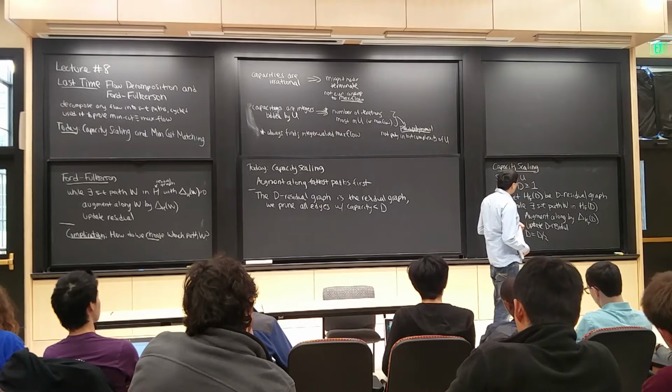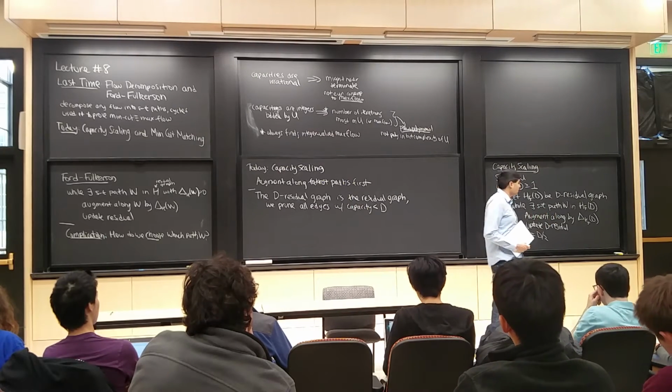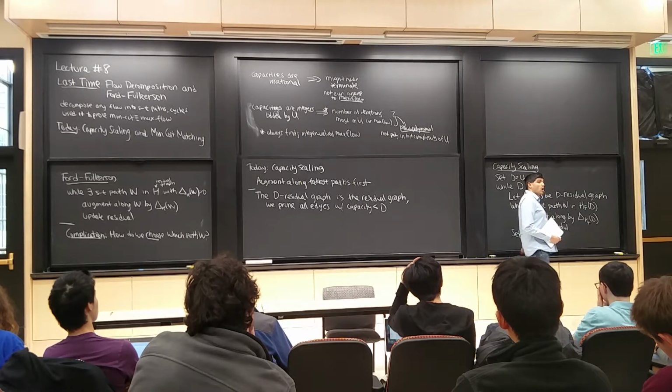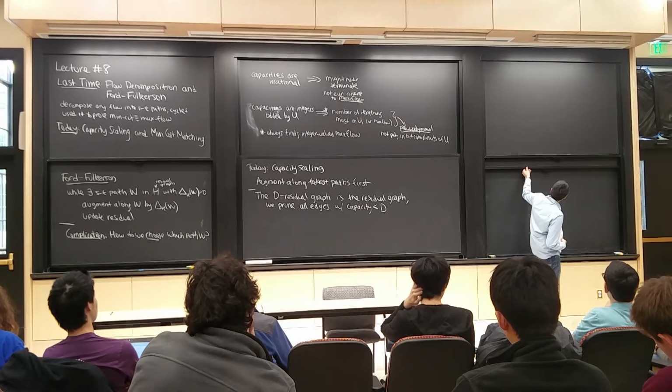Now I think one of the things that's useful to do, before really diving into the analysis, is to think about what this does on some of our old hard cases from last week.